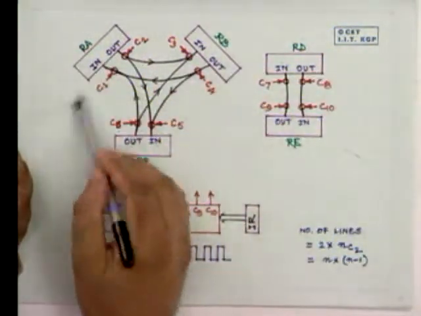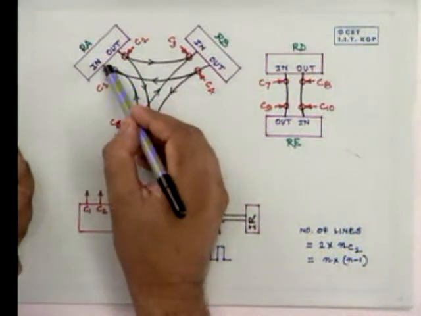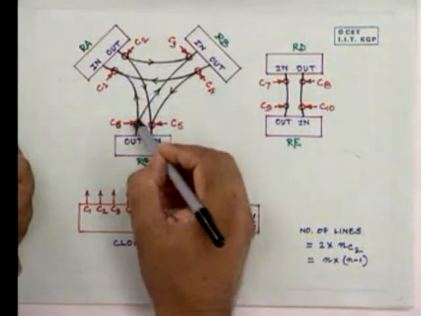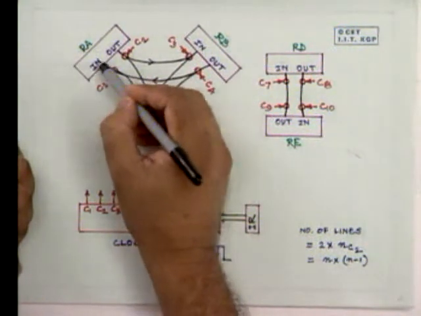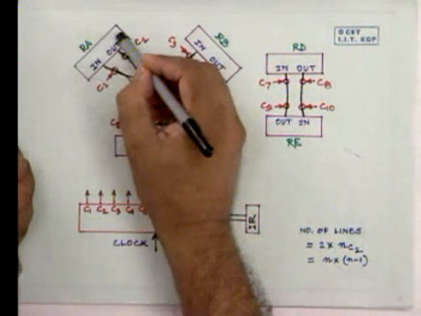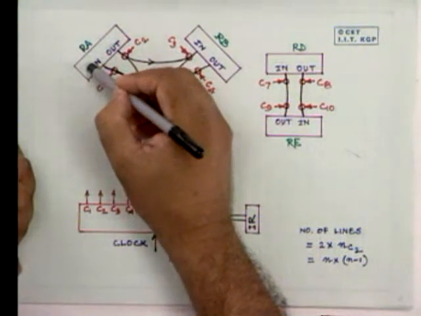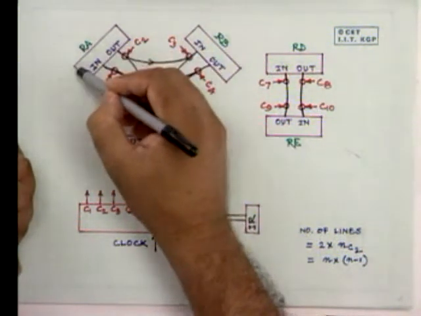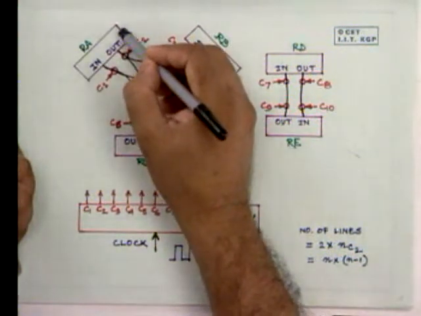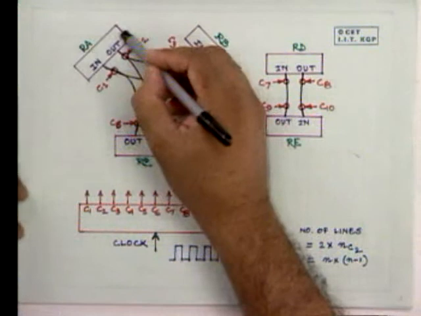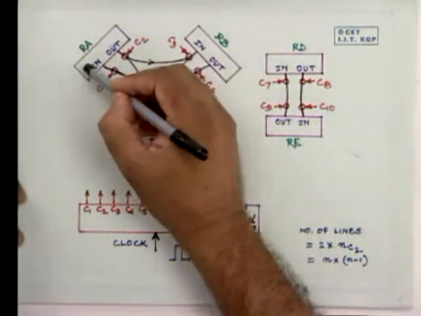Each register has input lines. We have shown one line, but actually it is as many lines as the width of the register. That means the width of the register is the number of bits the data consists of.